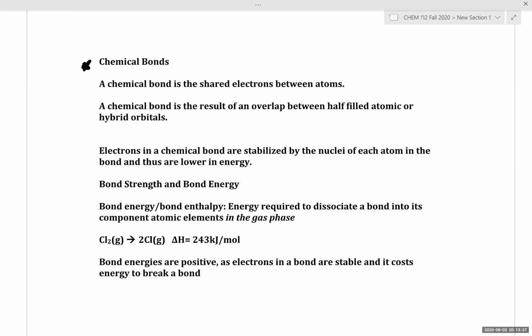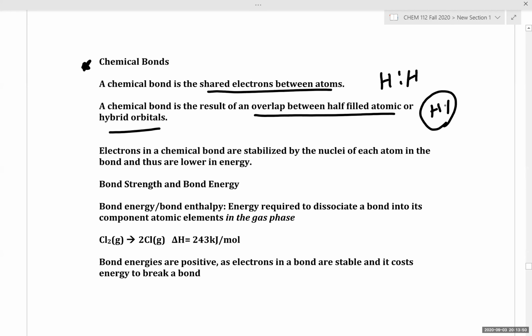Okay, so a chemical bond can be thought of as shared electrons or the result of an orbital overlap. So these are our two models that we have. Electrons in a chemical bond are stabilized by the nuclei of each atom and thus are lower in energy.